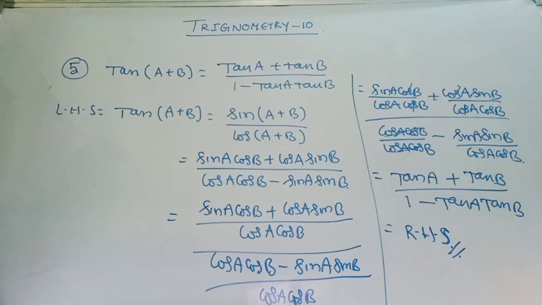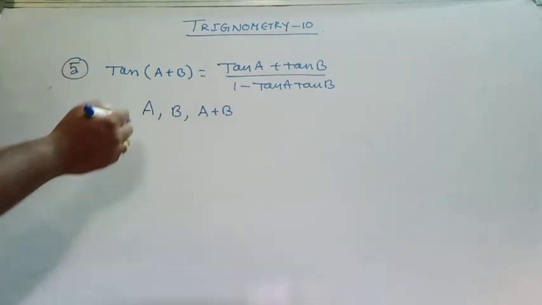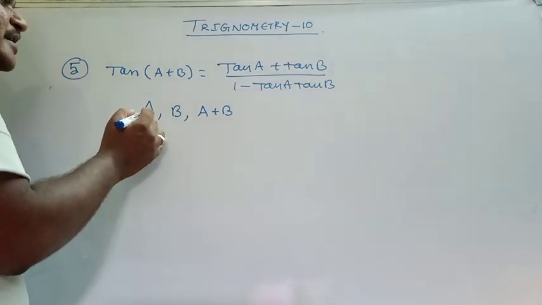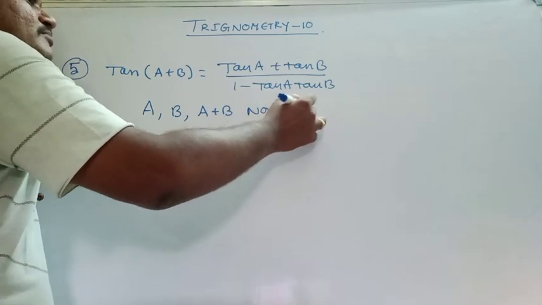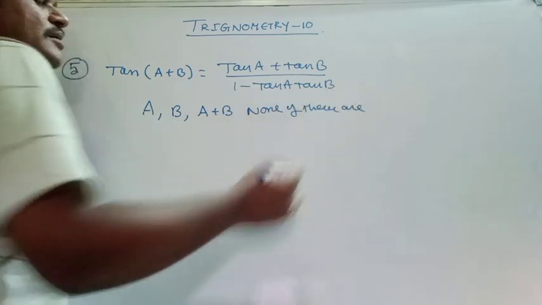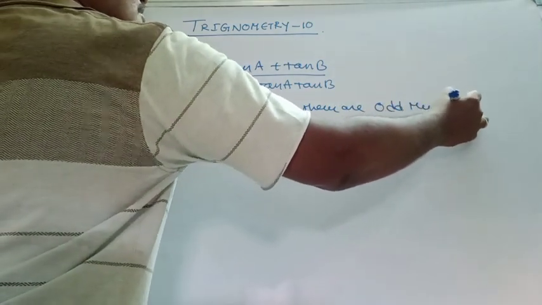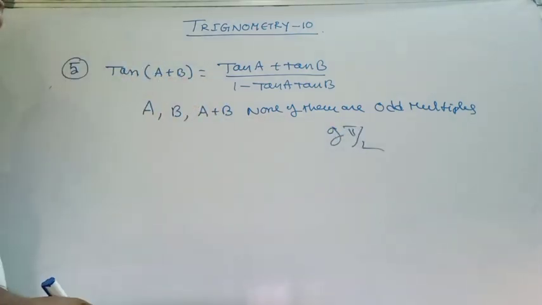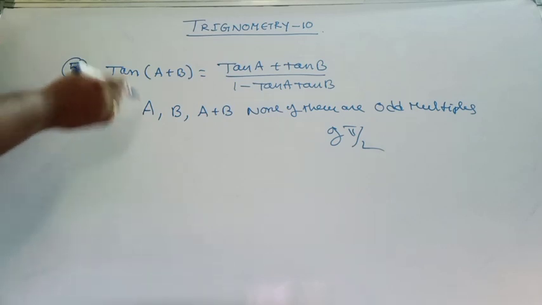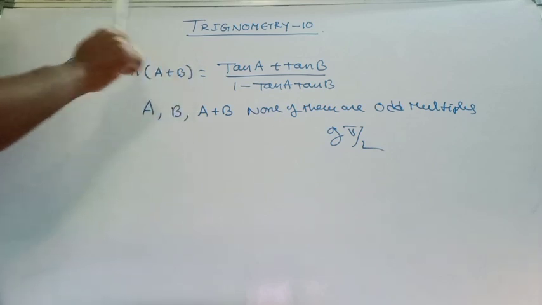Please observe, while we are doing this tan of A plus B, there are conditions. A, B, and A plus B, none of them should be odd multiples of 90 degrees. If they are odd multiples of 90 degrees, tan becomes not defined, and then the formula itself does not exist.